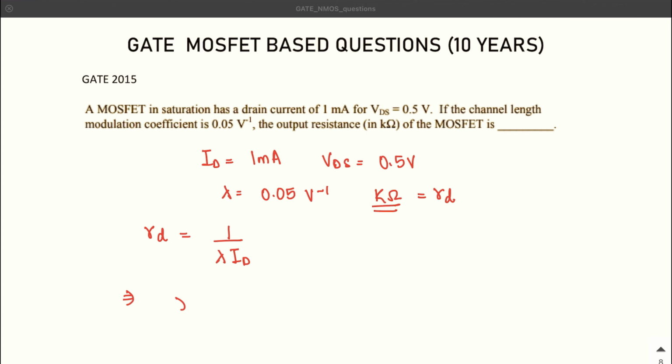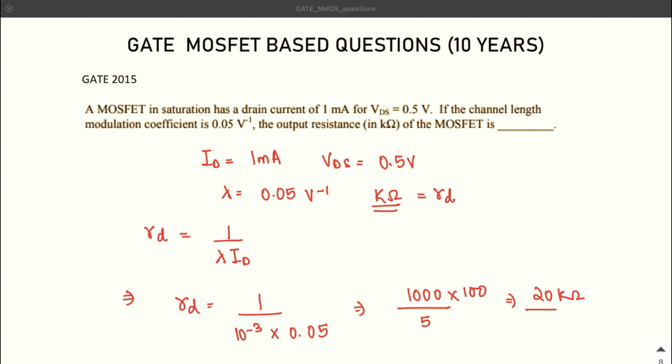So you just need to do 1 upon 10 to the power of minus 3 into 0.05. So this is 1000 divided by 5 into 100, and you will come up to 20 kilo ohms. The answer is 20 kilo ohms.